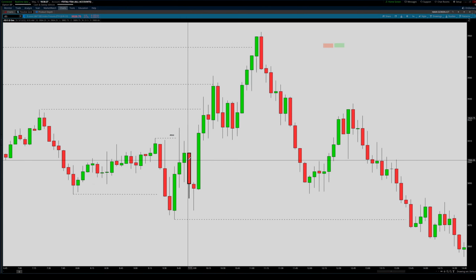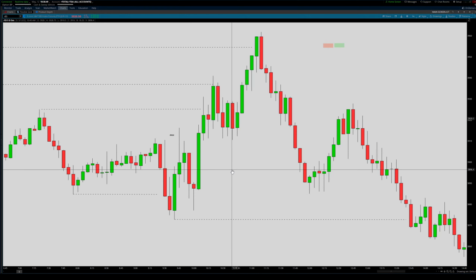And then we retrace back into, there's no fair value gap here, but this order block here. So that could be your long entry, and then you'd be targeting those spots of liquidity there, as you can see. So that would be the first play that I saw.